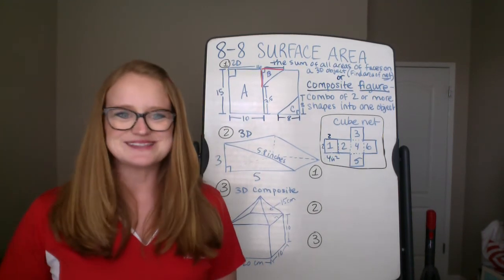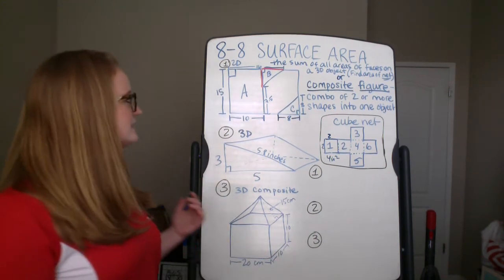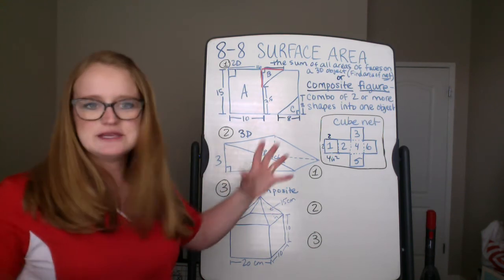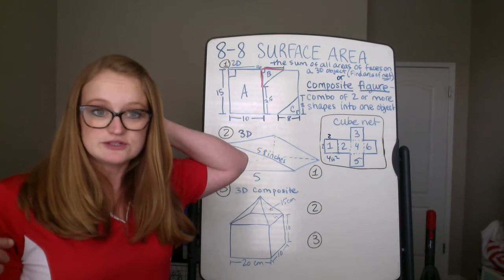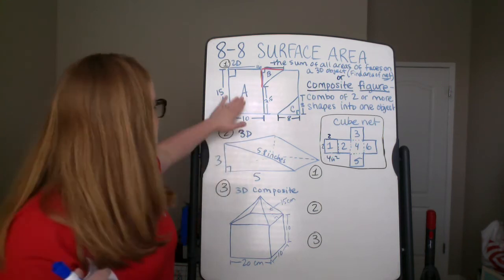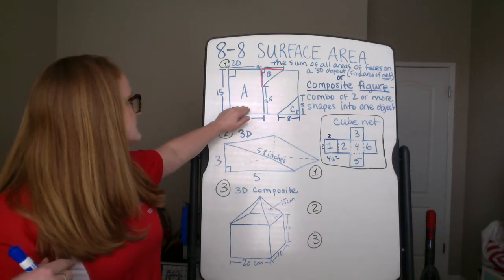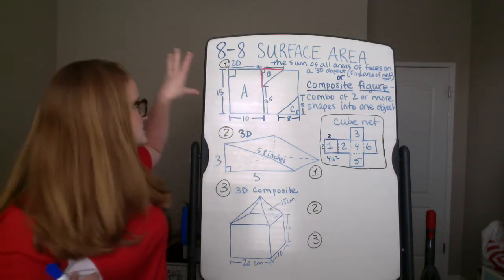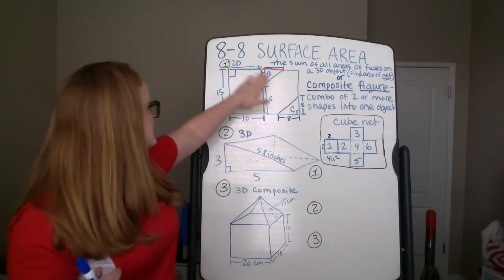Oh, goodness. Okay, so the first example, I have a composite figure. A composite figure just means 2 shapes put into one object, okay? And composite figures can be 2-dimensional or 3-dimensional. My first example is a 2-dimensional composite figure because we have this layout of a park and we're trying to figure out how much concrete we need for just the A, B, and C shapes.